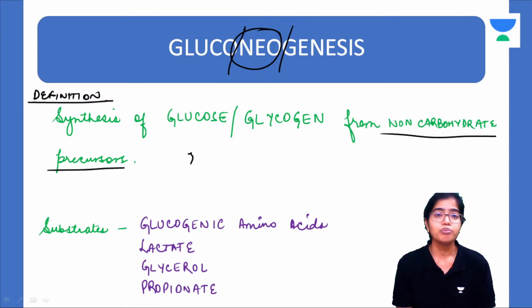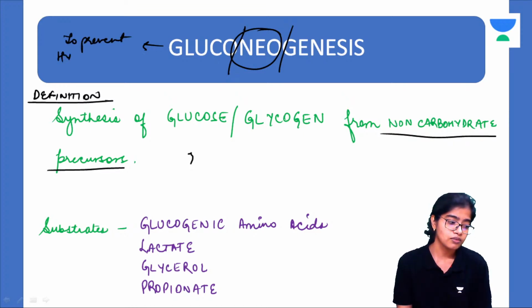All his glucose and glycogen stores have been exhausted, so where will he synthesize glucose from? From non-carbohydrate precursors, and this process is known as gluconeogenesis. So what is one simple utility of gluconeogenesis? To prevent hypoglycemia.